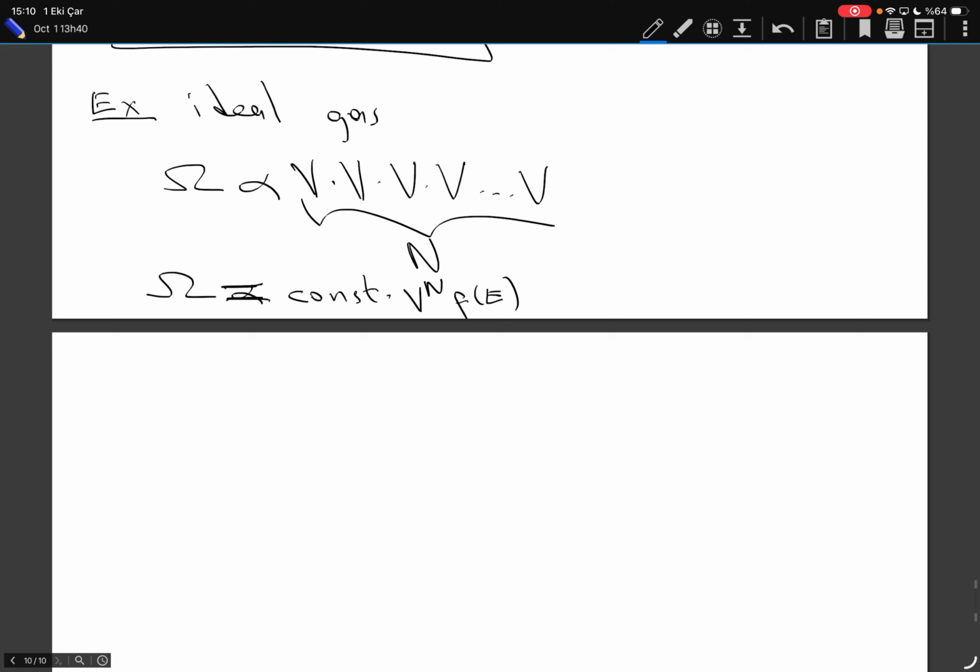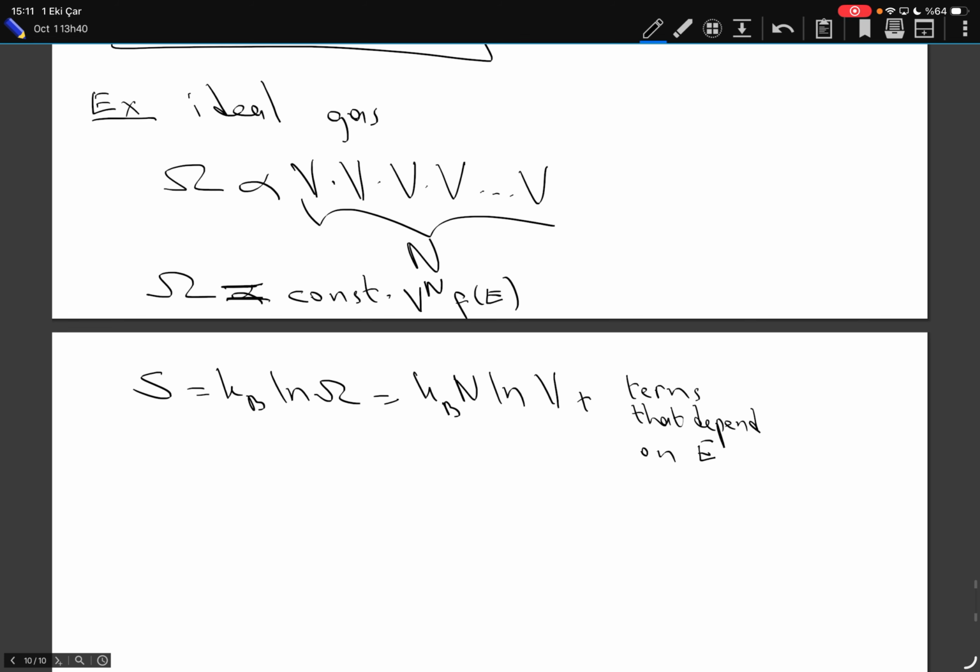So I know omega, so I can write down S as Boltzmann constant times the logarithm of omega, which will be Boltzmann constant times n times the logarithm of V plus some terms that depend on the energy.